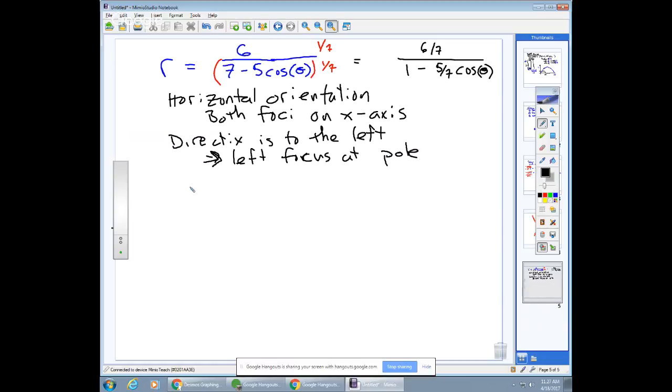All right, so let's play around with this thing. I'm just going to estimate its graph here, and then I'll use GeoGebra to double check. So I think one focal point will be here. The other focal point is going to be, I'm just going to guess, there. And then this thing is going to open up around those somehow. What I'm not quite sure of yet is the scale vertically and horizontally on these. I don't have those nailed yet, but we'll figure that out in just a minute.